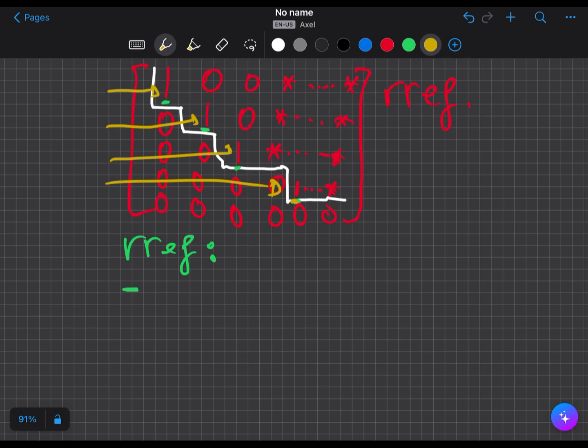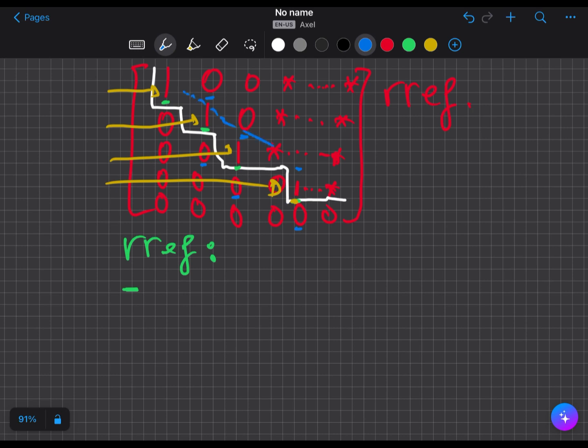So let's have a look at that. Every entry below and above. So this is a leading 1, below is 0, above is 0, below is 0, above is 0. Right here, you also have below is 0 and above also will be 0. So thirdly, as you go down the matrix, the leading ones will move to the right.